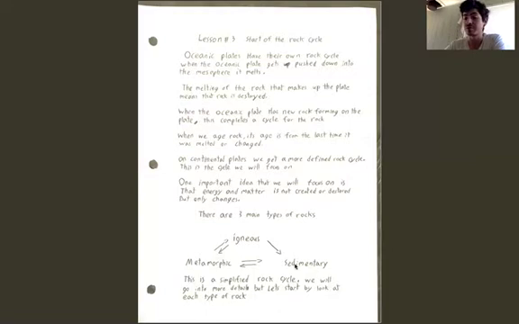Igneous rock can become sedimentary, but sedimentary rock cannot just become igneous rock unless it first becomes metamorphic and then goes to igneous. Again, we'll get into more detail on how these transformations happen next lesson. So this is a very simplified rock cycle, just to get it out there.